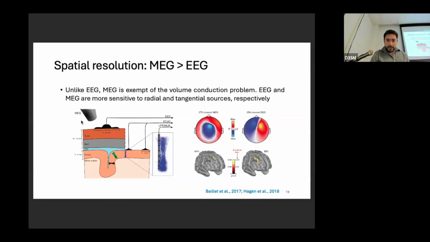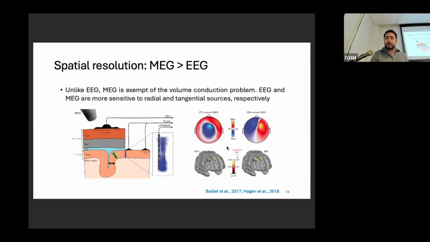With MEG, we have these sensors that are placed outside the head, of course, and are not attached to the scalp exactly. But they have the advantage that given that they're recording magnetic fields and not electrical currents, they are exempt of this problem of volume conduction. So all of these different issues would be invisible for these magnetic fields, and therefore we have a better signal to noise ratio, and we have better precision for identifying the sources that produce this activity.